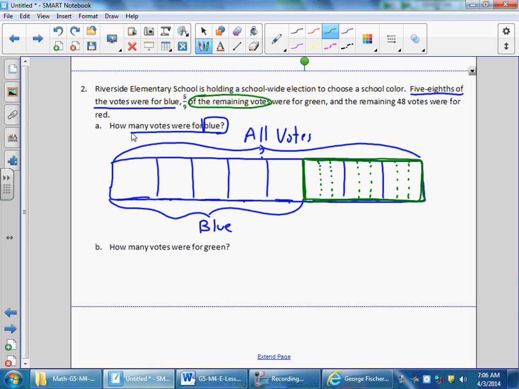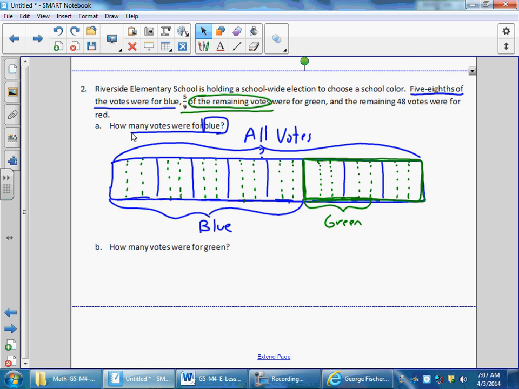I now have 9 pieces of the remaining. If I'm going to break those remaining pieces into thirds, I should do all of the other pieces into thirds, so I have all the same size pieces. So 5/9 of the remaining votes were for green. 1, 2, 3, 4, 5. 5/9 were for green.